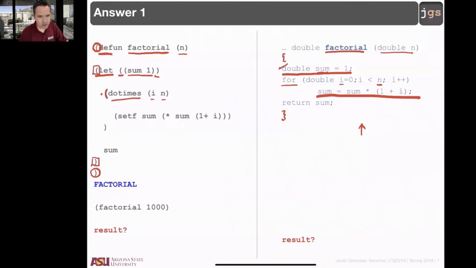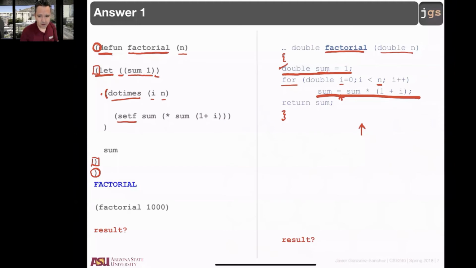If I review this, what is the operator that is going to be the last one to be executed? We can agree, the equal. The assignment is going to be the last thing to happen. It's the first thing that I put in Lisp. The equivalent to the equal is the setf, remember?